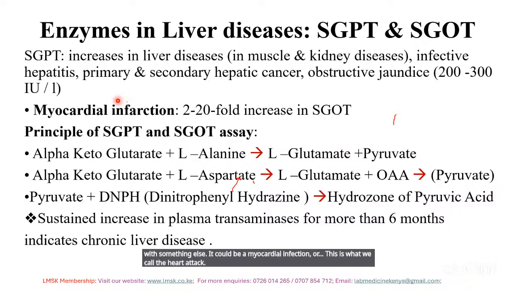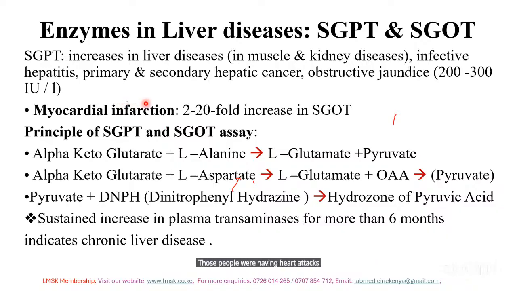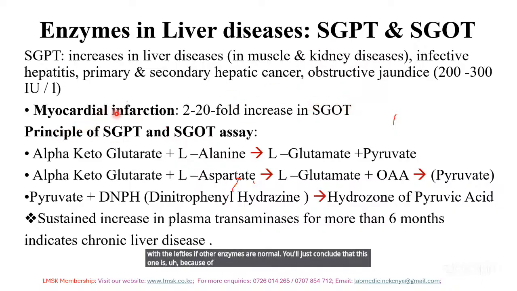Those people who are having heart attacks or heart conditions will have very high SGOTs, and you will not confuse that with the LFTs. If other enzymes are normal, you'll just conclude that this is because of some other reason, not a hepatic condition altogether.